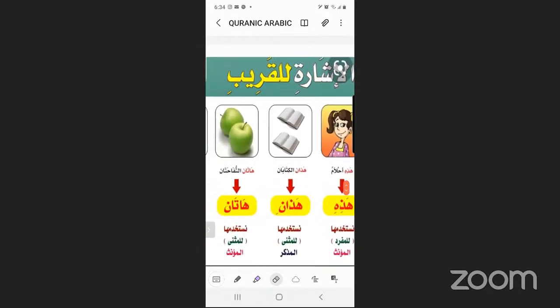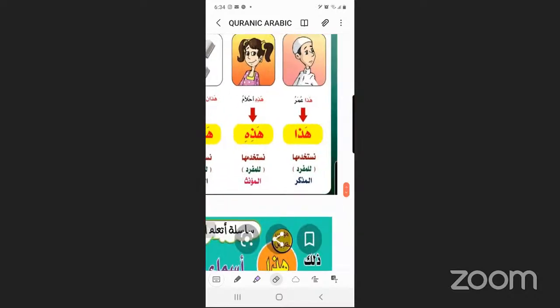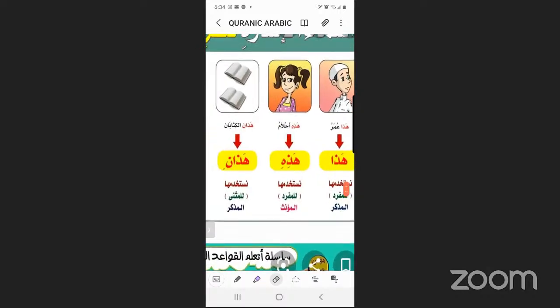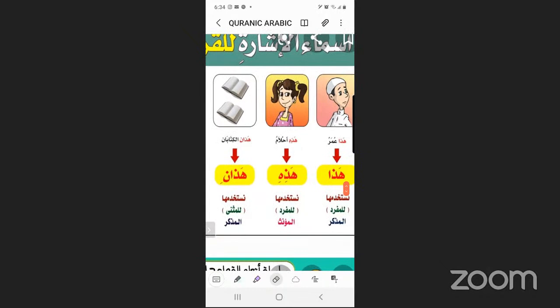Now this is ishara lil qarib, for something which is near. If anything is near, we call it this. This masculine is haza.